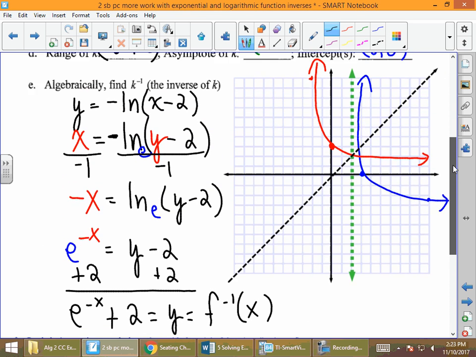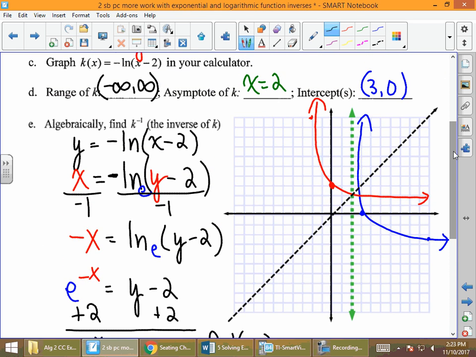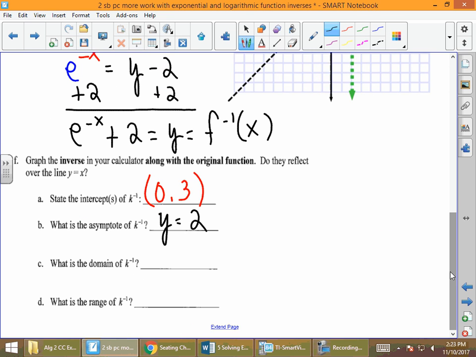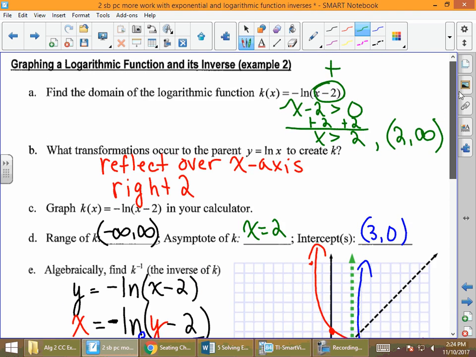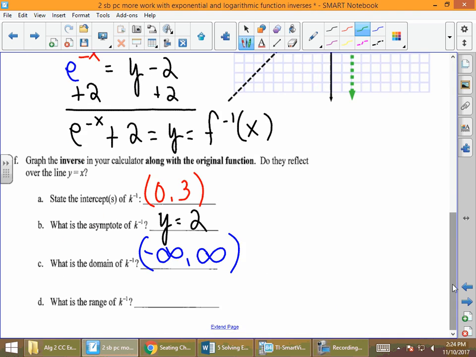The range of our original function is negative infinity to infinity. And finally, the range of our inverse is coming from the domain of our original function, the very first part that we found on this function, which is 2 to infinity.